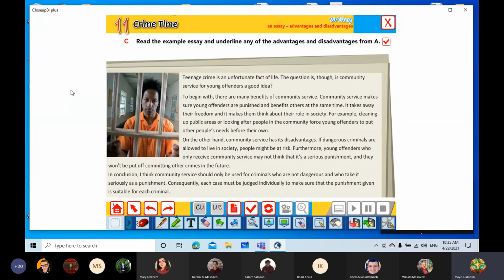The instruction is to read the example essay and underline any of the advantages and disadvantages from exercise A. The first paragraph is the introduction, the second is about the advantages, the third is about the disadvantages, and the last one is our conclusion.